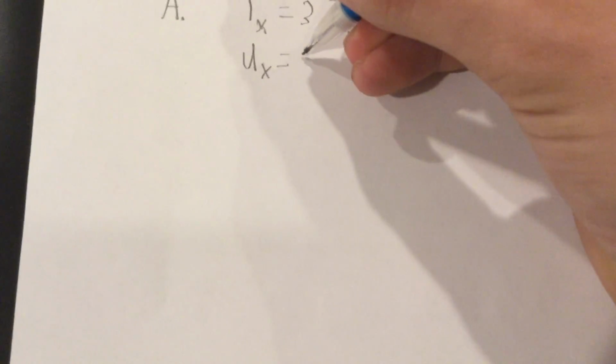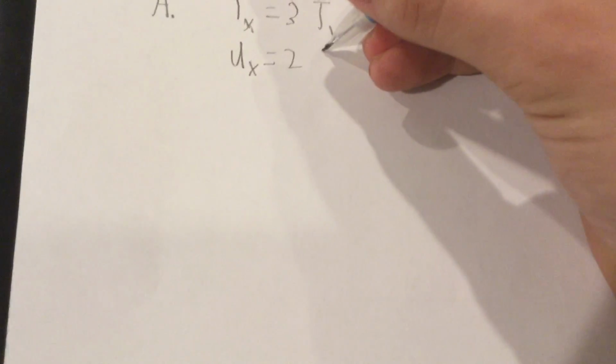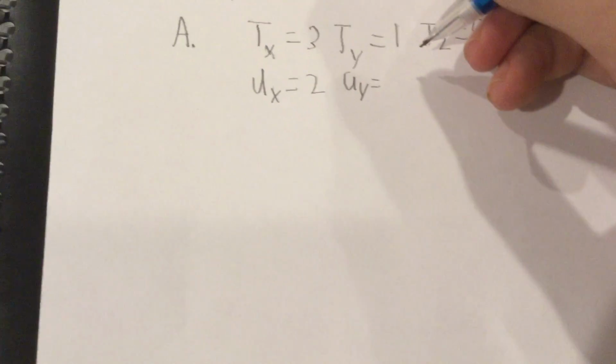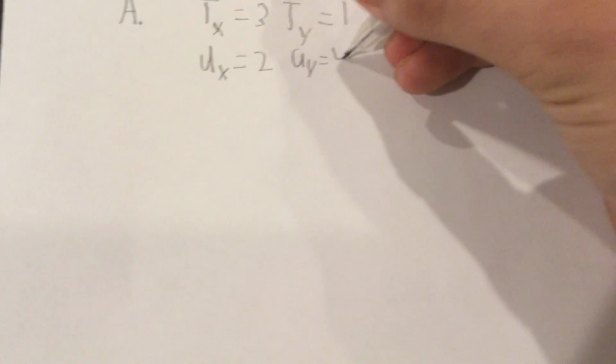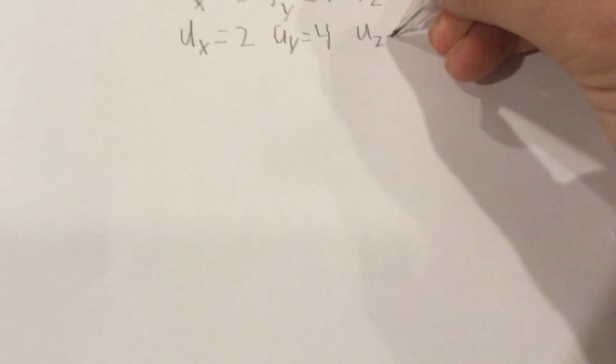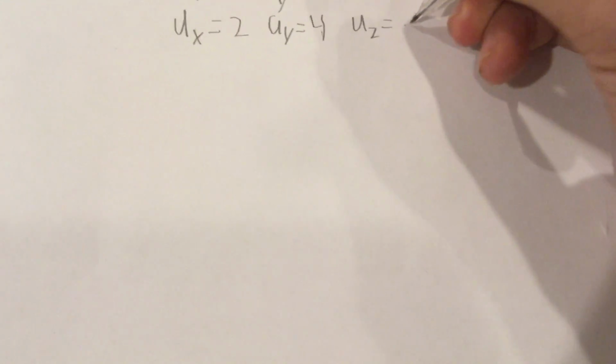And then we go to the values of u. U of x equals 2, u of y equals 4, and u of z equals 0.